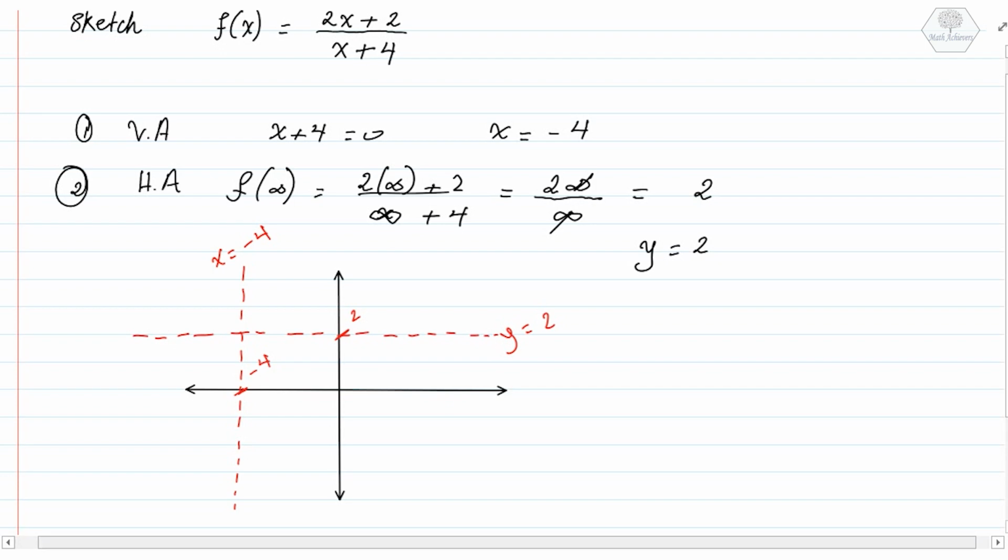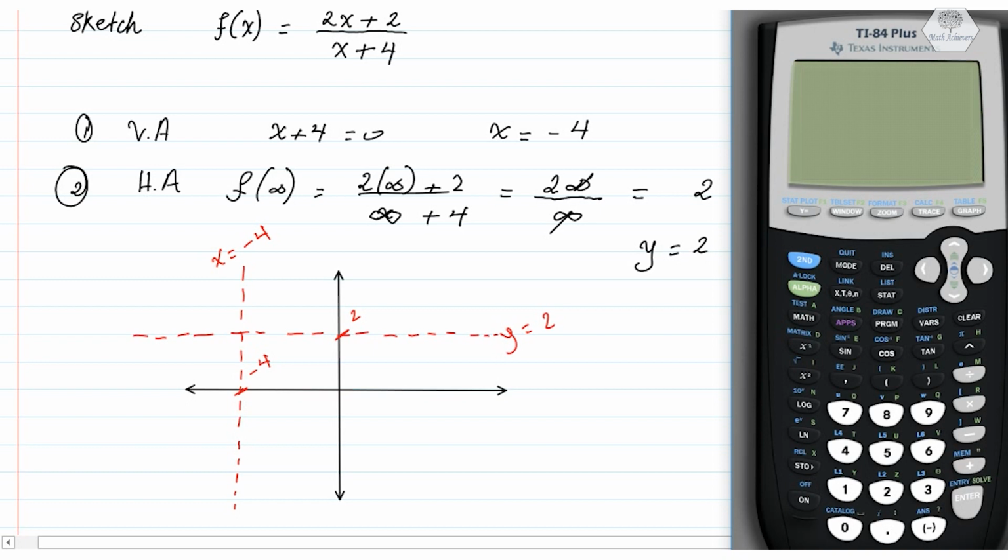Let's go to our GDC. We go to our function y. We can clear all the functions, clear function 1 and function 2. We go to function 1 and enter 2x plus 2 over x plus 4.